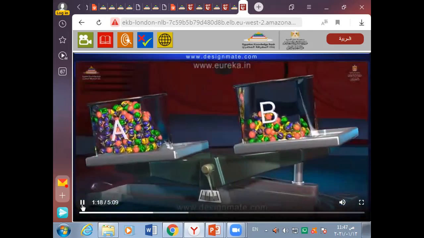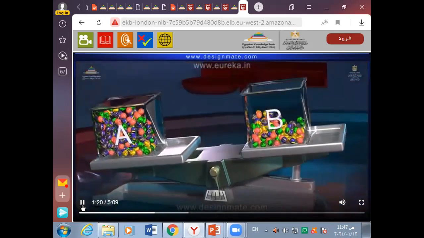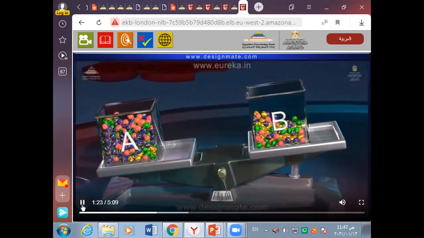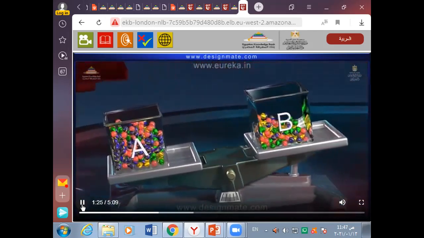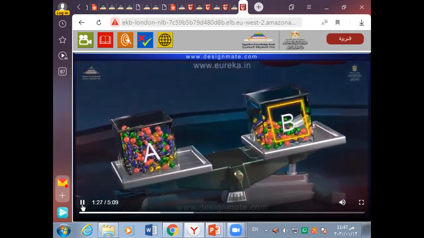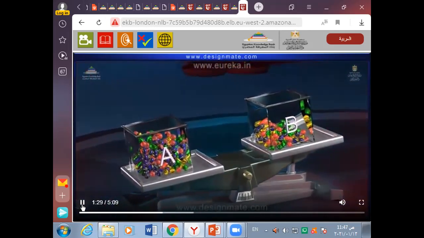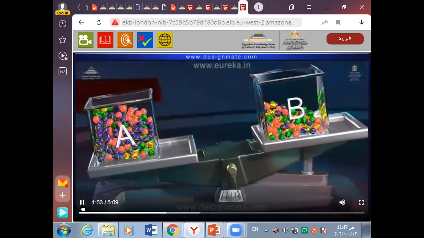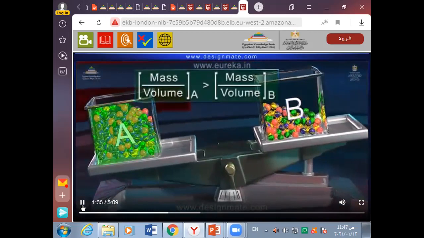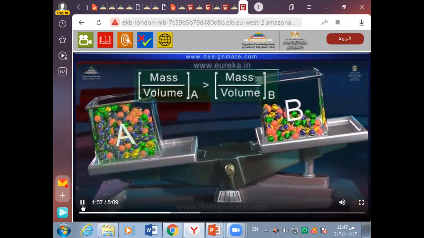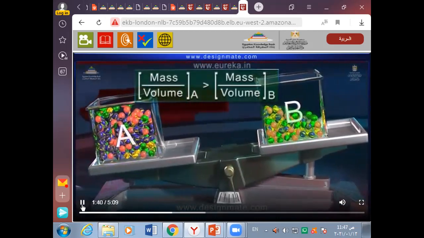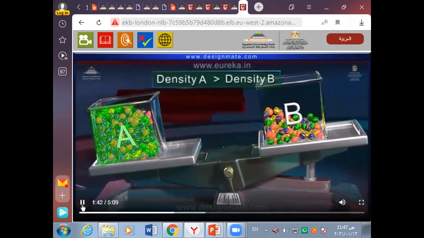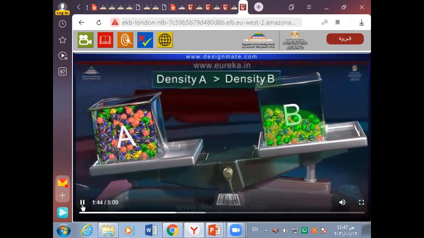You will find that box A weighs more than box B. We know this because box A contains more number of marbles than the box B. Hence, we can say that the boxes have unit volume, but still differ in their masses. Or the mass per unit volume of box A is more than that of box B. In other words, density of box A is more than that of box B.